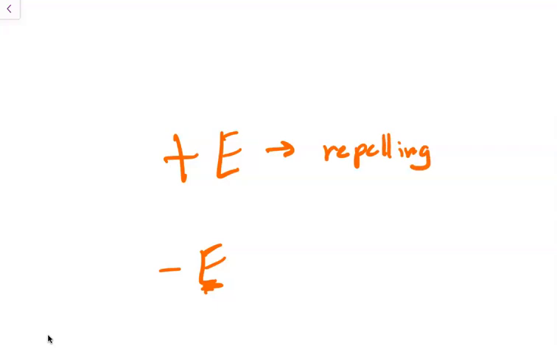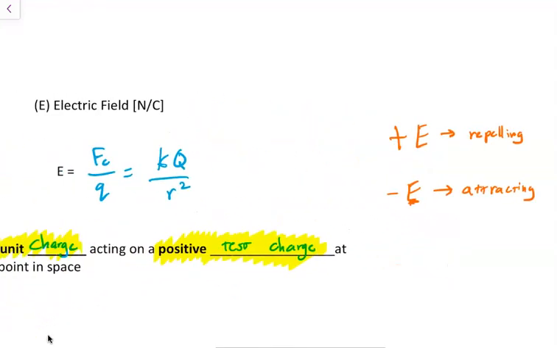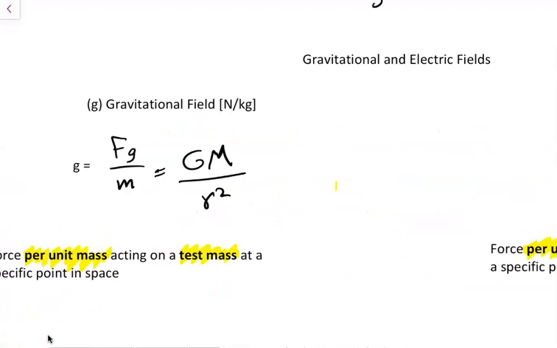You would have to put a negative charge to change that positive E to a negative value, and then this negative E means there's an attracting electric field.